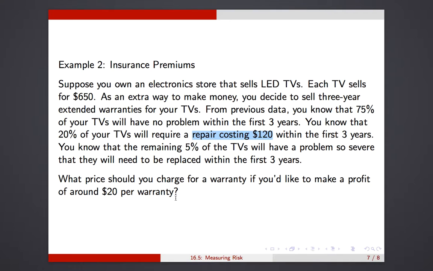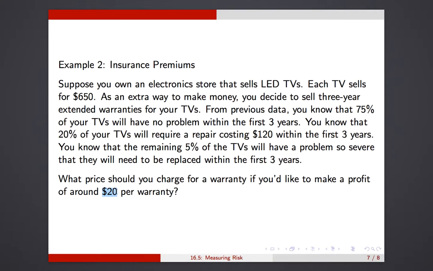Okay, well, warranties cost something, don't they? And you're the one creating them. So here is a perfectly reasonable question you should ask. What price should you charge, right? Presumably, if you're selling these things, you're making a profit off of them. So what price should you charge if you'd like to make a profit of, let's say, $20 per warranty?